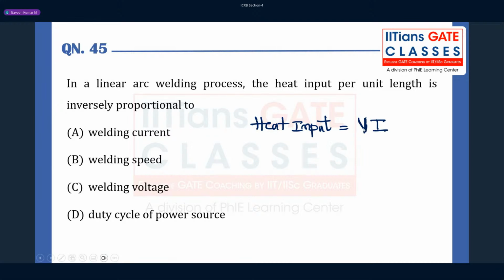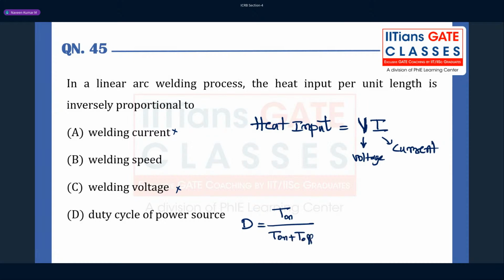They're asking inversely proportional. Here, see what is V? V is welding voltage. I is welding current. Both are directly proportional. No? So this and this is not right answer. What is duty cycle? Duty cycle is nothing but D is equal to time on divided by time on plus time off.